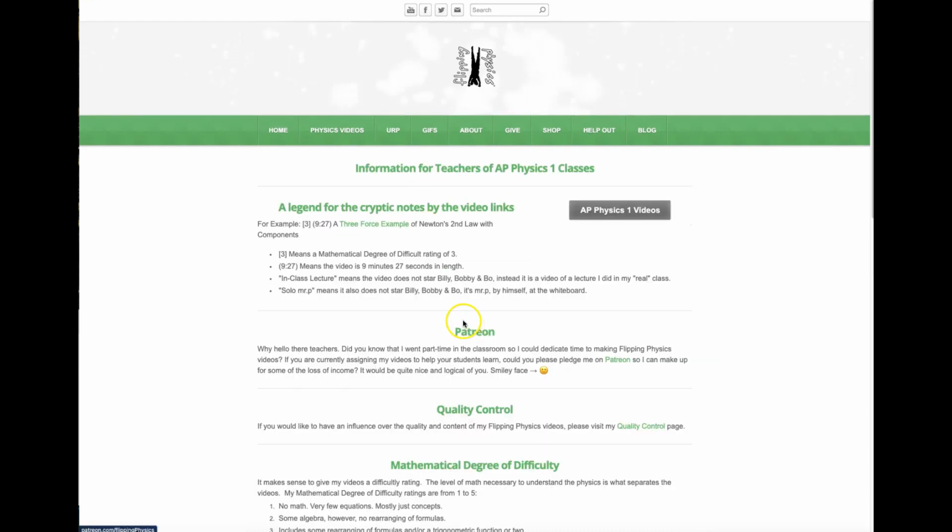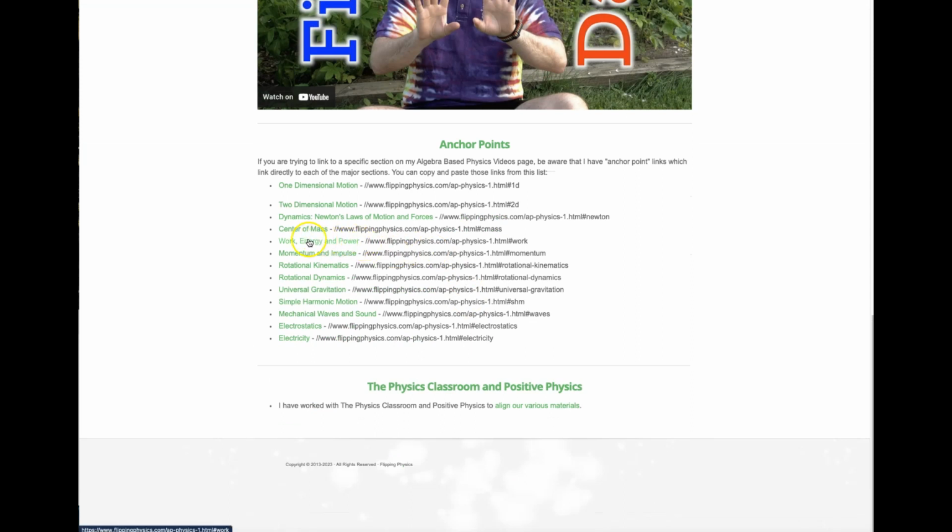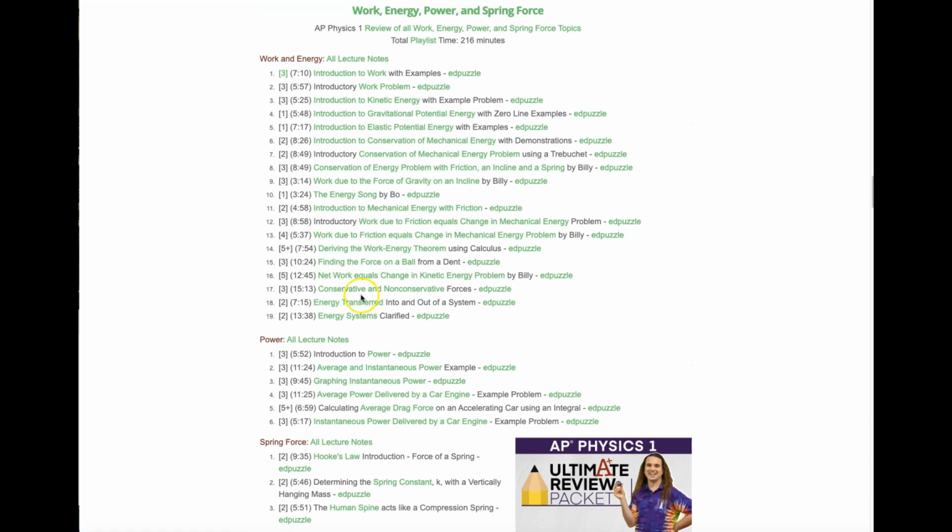If you go to AP Physics 1 for teachers, you can go down and you'll see work, energy, and power. And you'll notice that here's conservation of energy. What I would do is just open this up and take a look at it.